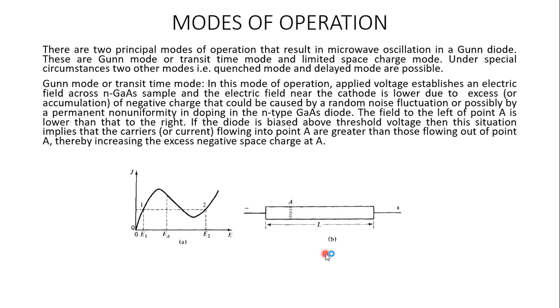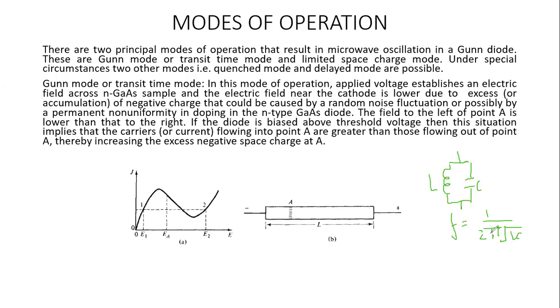Now, how to make use of this as an oscillator? For that, let us understand that you have one tank circuitry. This tank circuitry oscillates at a certain frequency that depends on the values of L and C. We know that it is 1 by 2 pi root of LC.